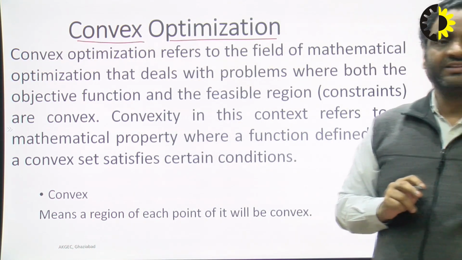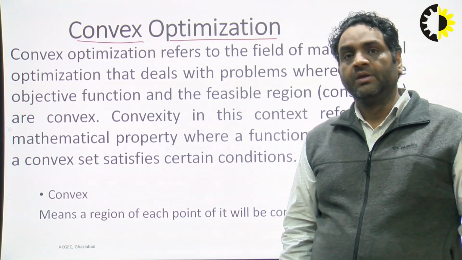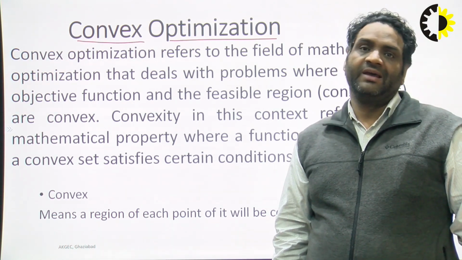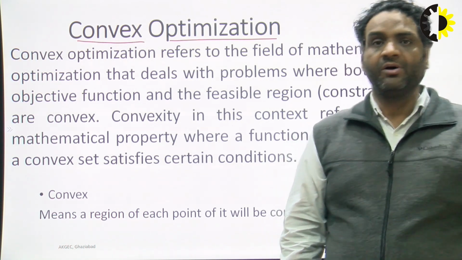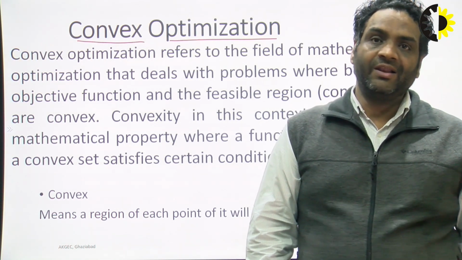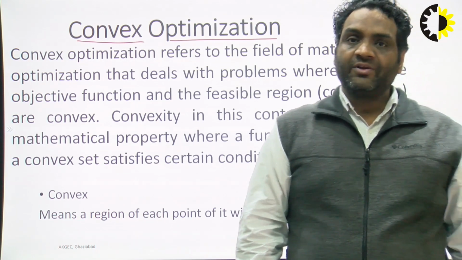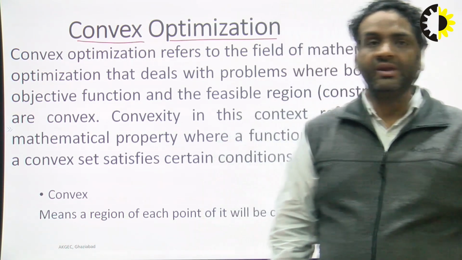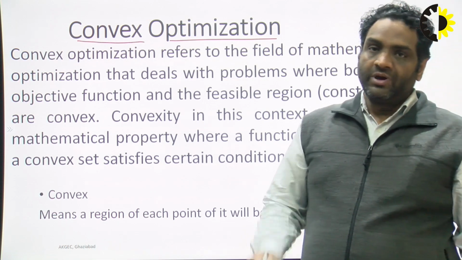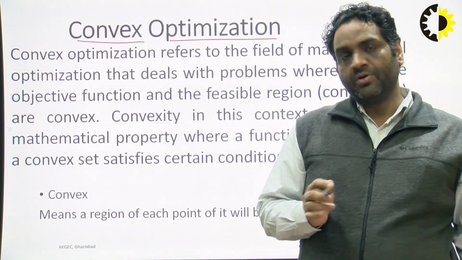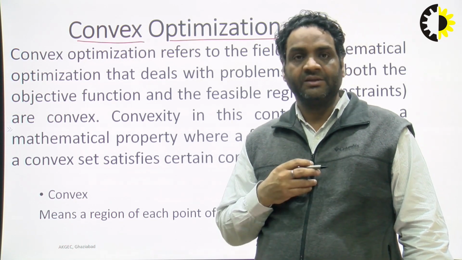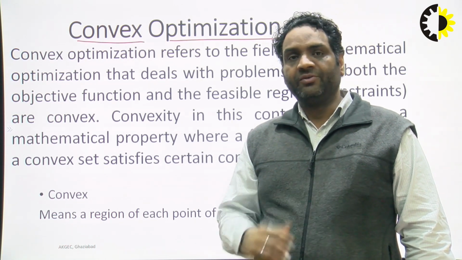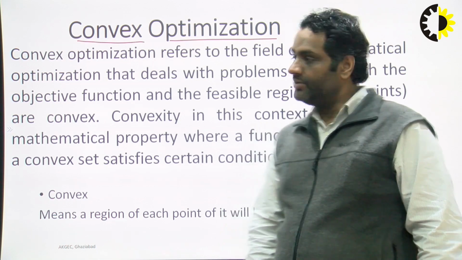As you can see, convex optimization is made up of two words. First is convex, the second is optimization. Optimization is a very general term having an optimal value, where according to our application, if we want to maximize or, according to the problem, minimize.